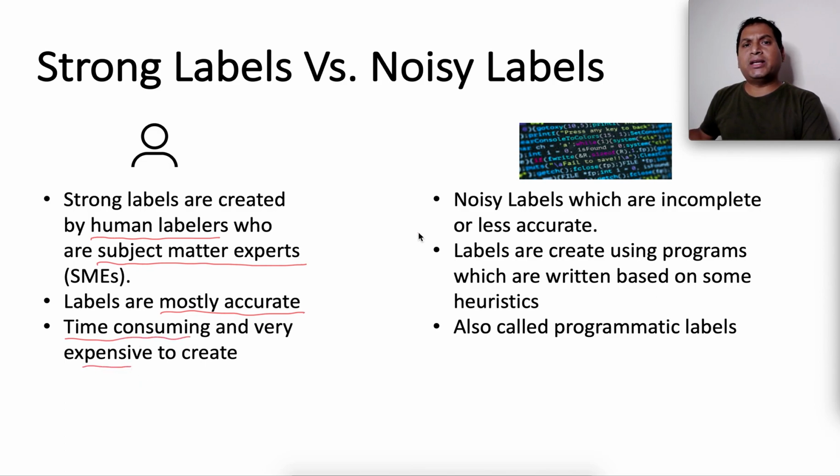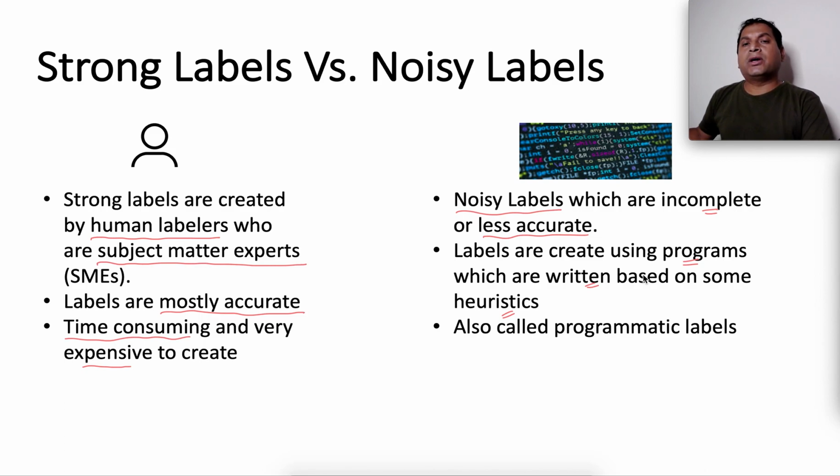You don't have to really create very accurate or strong labels. You can also create a lot of less accurate labels, which are called noisy labels, which are incomplete or less accurate. These labels are not created by human labelers, but by small programs or functions which can be developed based on some heuristics.